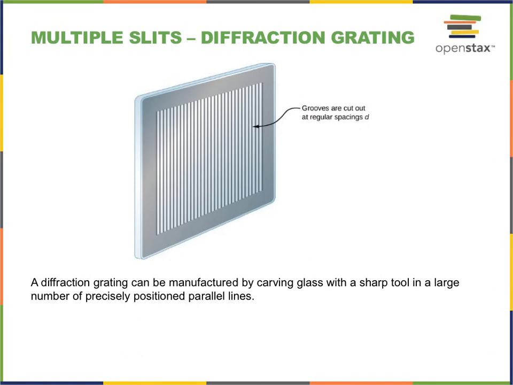So we can extend some of these ideas. We've done the double slit experiment in the previous chapter, but what if we have multiple slits? Like even hundreds or thousands per centimeter on a piece of film. This is called a diffraction grating, and diffraction gratings really come in handy. You can use them to take white light and separate it into its component colors.